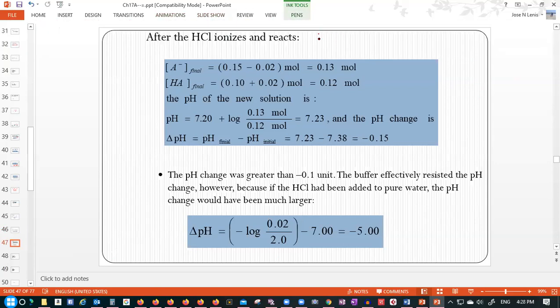Remember, hydrochloric acid, HCl aqueous, plus water, liquid. It's a strong acid, goes only one way to form H3O plus aqueous plus Cl minus. So it's very strong.